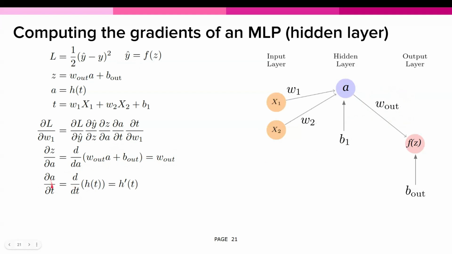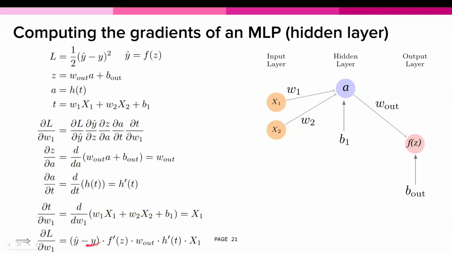We haven't specified what this function h actually is, so we're interested in the first derivative of h with respect to t. And then the partial derivative of t with respect to w1: in d by dw1 of that whole expression, those other terms are constant, and so the only factor that w1 cares about is x1.